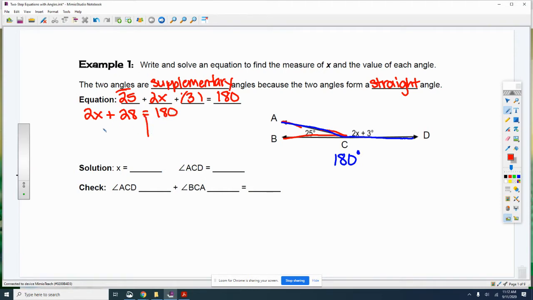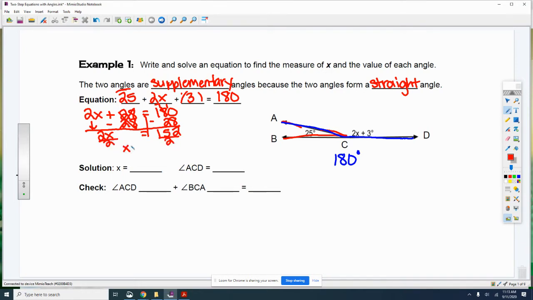So I'm going to split my river, subtract 28 on both sides, bring down my 2x, I have to borrow, and then I have to divide by 2 on both sides.